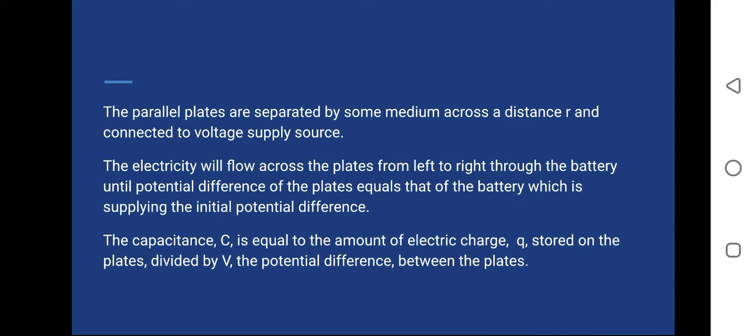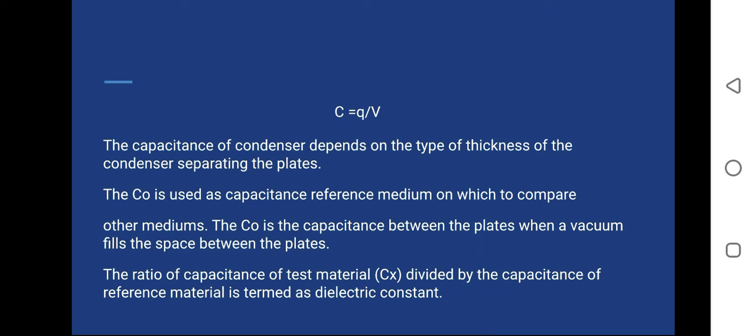The capacitance C is equal to the amount of electric charge, indicated by Q, stored on the plates divided by the potential difference, indicated by V. So we get the equation: capacitance C equals Q upon V.